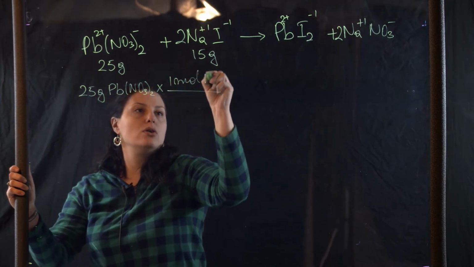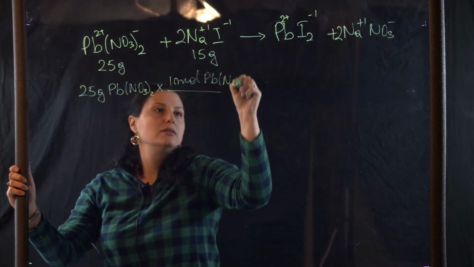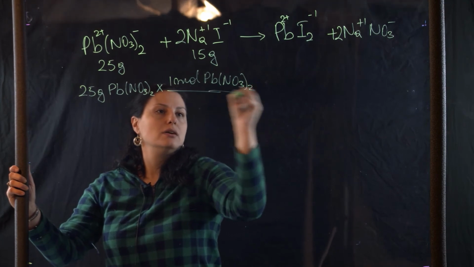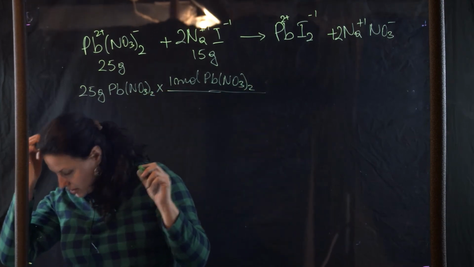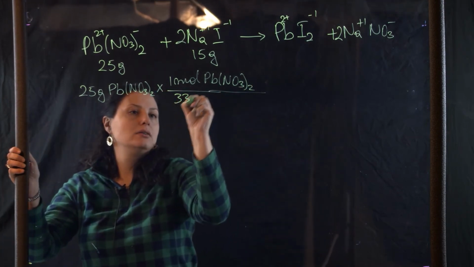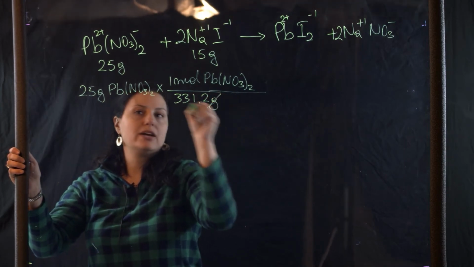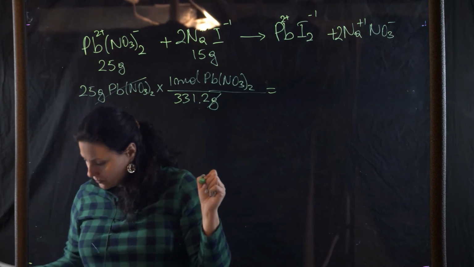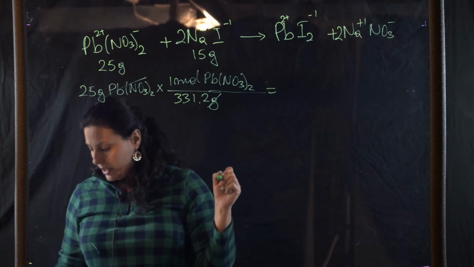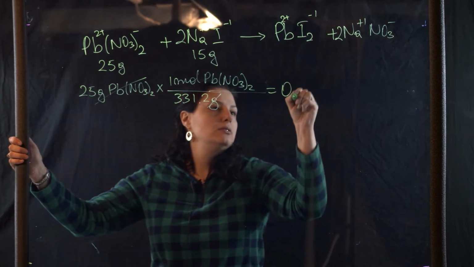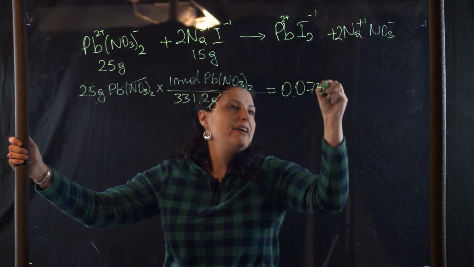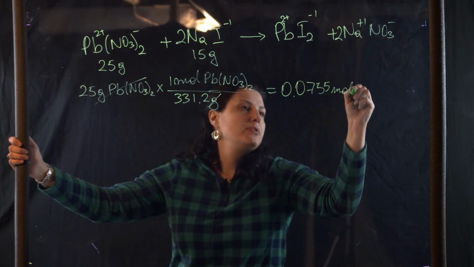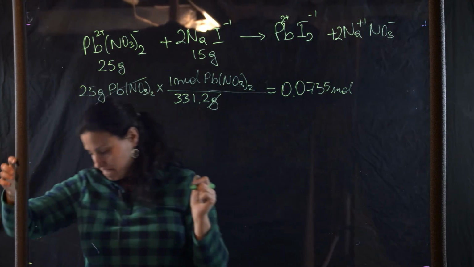I know 1 mole of lead 2 nitrate weighs 331.2 grams. My grams will cancel out. This gives me 0.0755 moles. Okay.